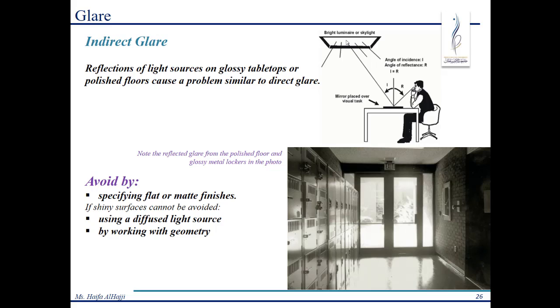As I can see here, when I project this line from the center from the light, I see that when it reflects, we are following the rule that the angle of incidence should equal the angle of reflection. Now when this light is being reflected, it's going to enter my eye. In this condition, I'm going to experience indirect glare.